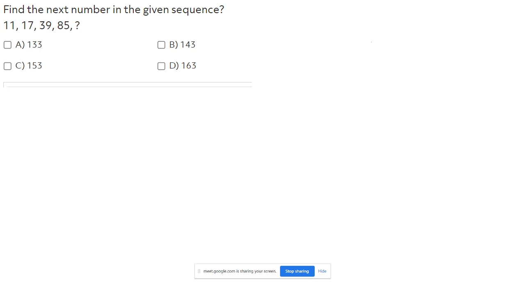Yes, very good. Riddhi has got the correct answer, but I'll give one more minute to each student to analyze why the answer 163 is the correct one.